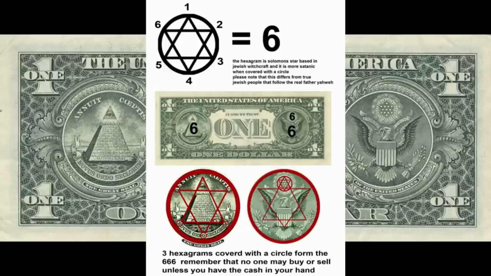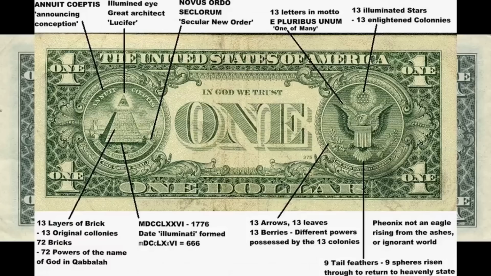Now, let me ask a question for everyone who's listening. Why are there so many 13s on the back of the dollar bill? We have 13-letter Latin expressions. We have 13 steps to a pyramid, 13 olive branch leaves, berries, 13 arrows. The 6 and 7 on the breastplate of the dark and light lines make 13. Why are there so many 13s, Dan?